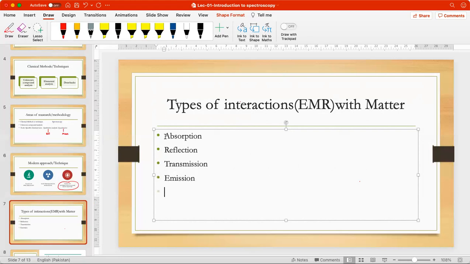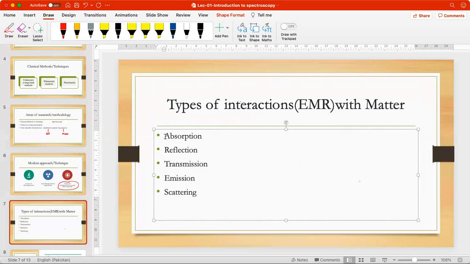And last but not the least, on the interaction of electromagnetic radiation with the matter, light will be emitted but it will scatter, so we will call this scattering. Okay, so these are the types of interactions. All these possibilities can occur upon the interaction of electromagnetic radiation with matter.